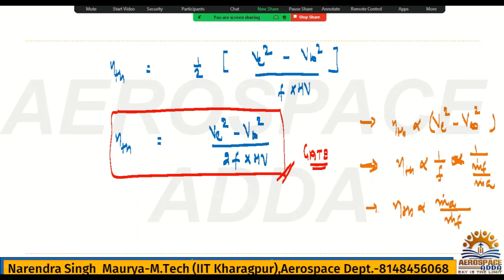And thermal efficiency is inversely proportional to hv, just opposite to the quality of fuel.